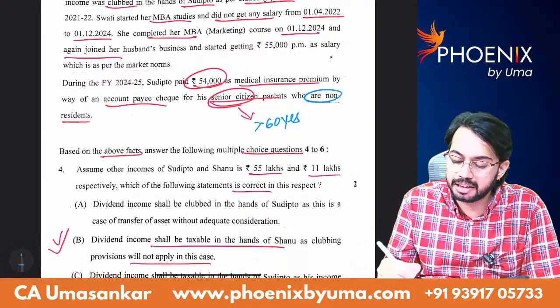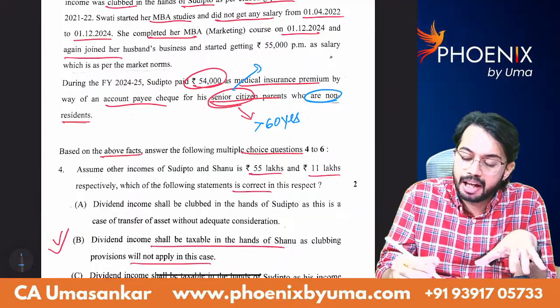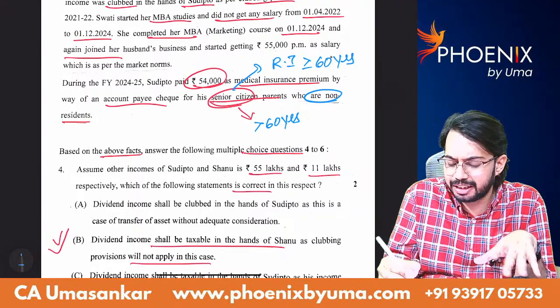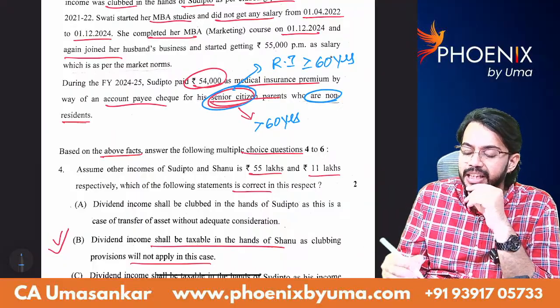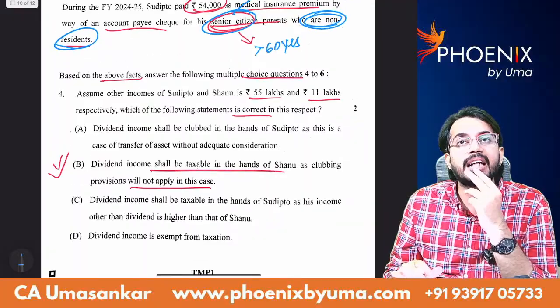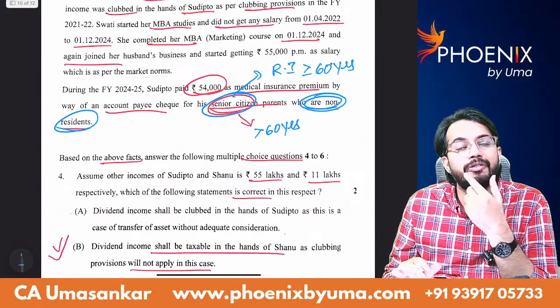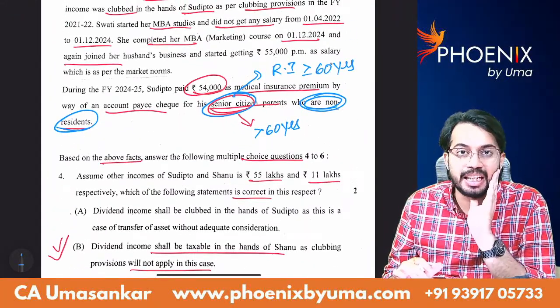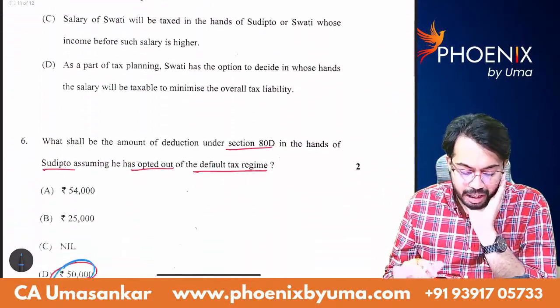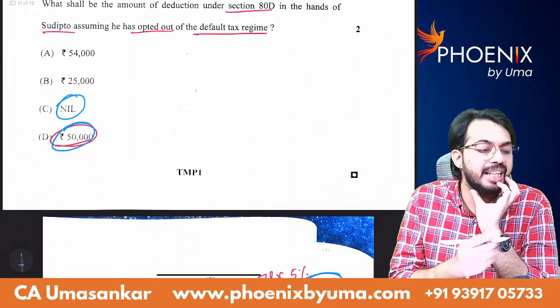Generally, senior citizen means resident individual above or equal to 60 years. Here, as the parents are non-residents, we may not treat them as senior citizens and deduction may not be available under section 80D. So, I feel nil is the answer.